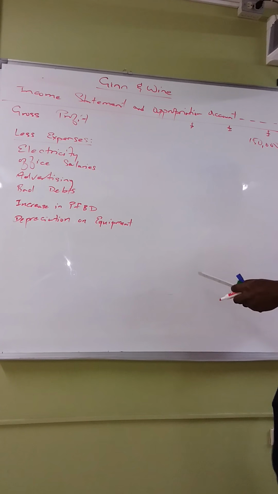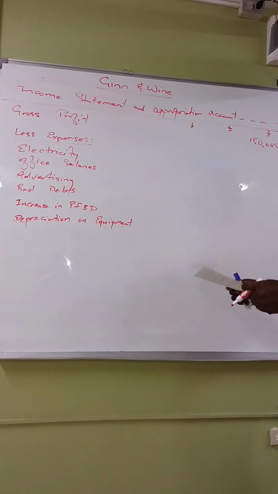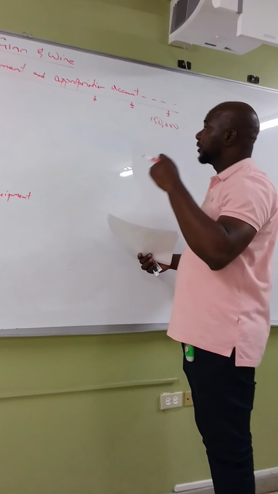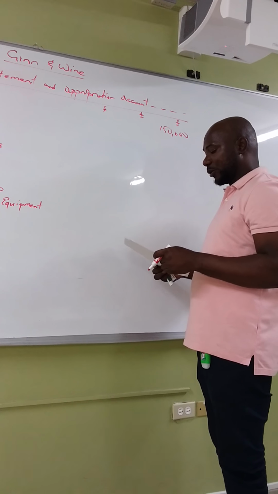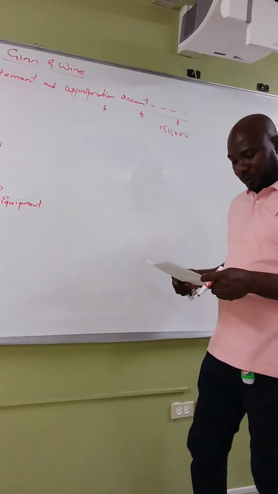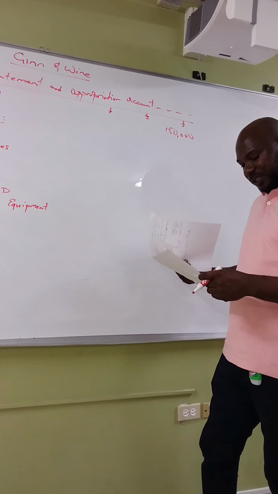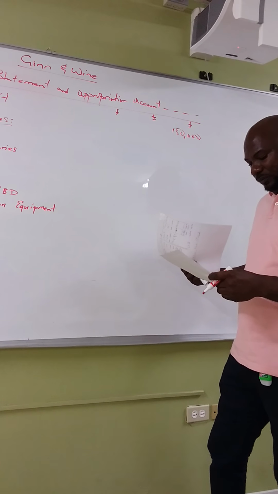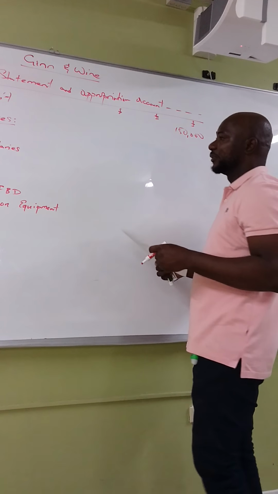Now let us look at the expenses that there are. The first expense was electricity. Electricity in your income statement was 1,400. But if you look at the third footnote as it relates to electricity, it says that the electricity bill of 145 was due, meaning that it is owing.